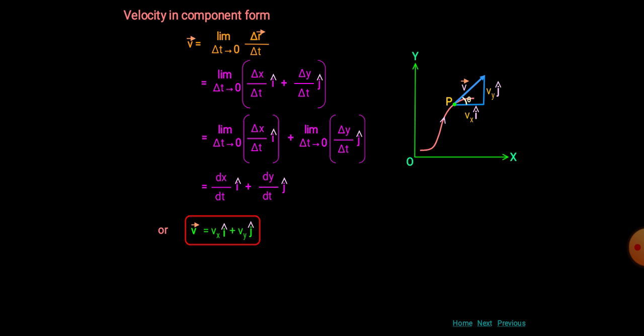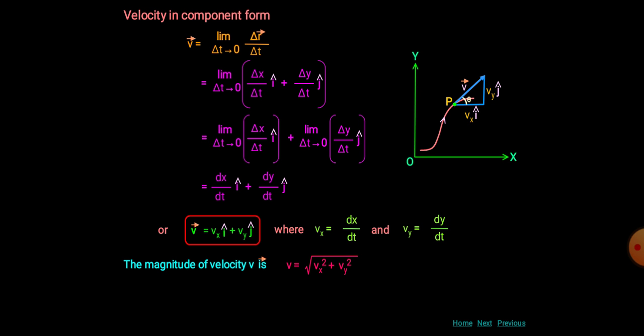So we can write this equation in a component form, that is v is equal to vx i cap plus vy j cap. It is the component form of velocity. So vx is dx upon dt and vy is dy upon dt. We already studied about the magnitude. Here we can write the magnitude of velocity v is nothing but root of vx square plus vy square. If you want to take 3 axes, this equation will become vx square plus vy square plus vz square.